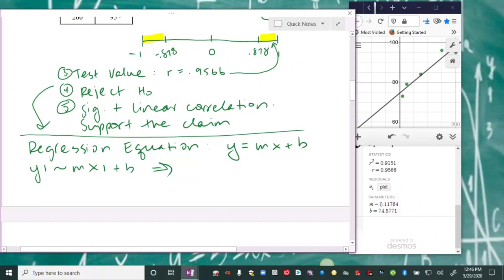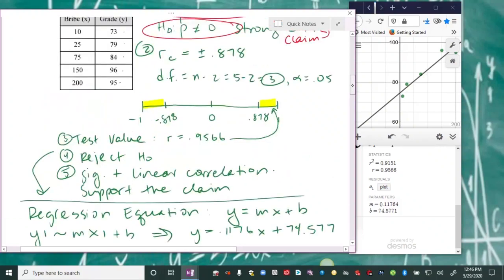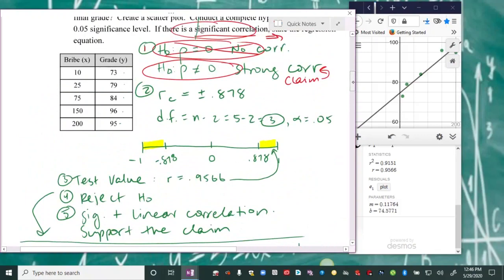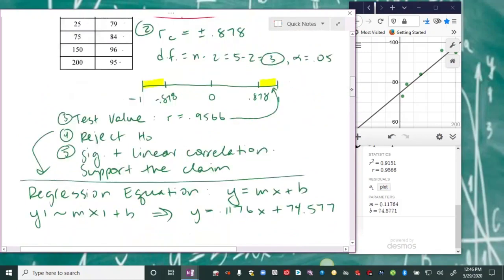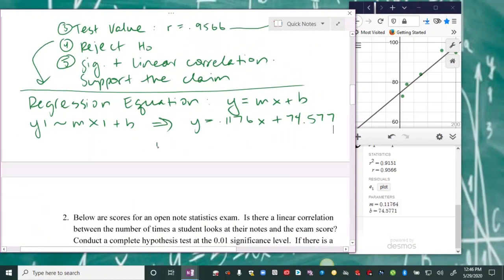So if I put it together, y is equal to 0.1176x plus 74.577. I can also word this in terms of x and y in our variables. X represented bribe, y represented grade.